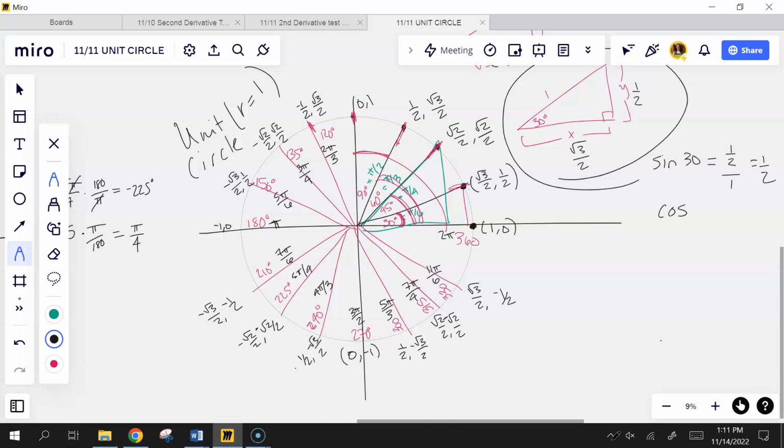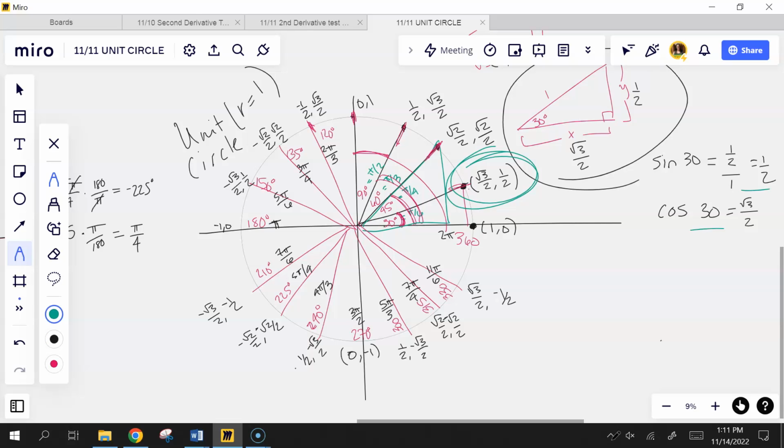What's the cosine of 30? Adjacent, so square root of 3 over 2 over 1, which is just square root of 3 over 2. Look at where I was on this circle. This is the cool part.